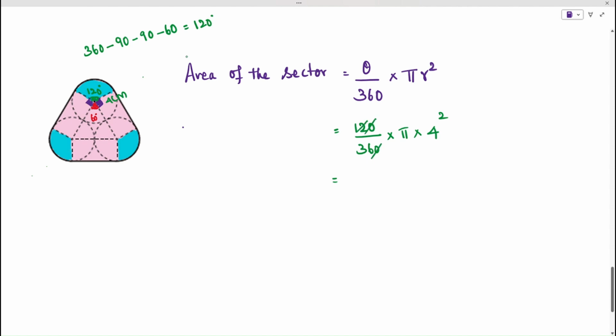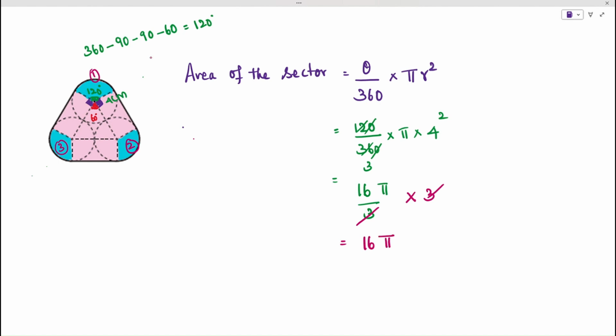So we'll stick with fractions to make life easier for ourselves further down the road. And there are 3 of these sectors of the circle. So we multiply 16 pi over 3 by 3, and this gives us 16 pi.